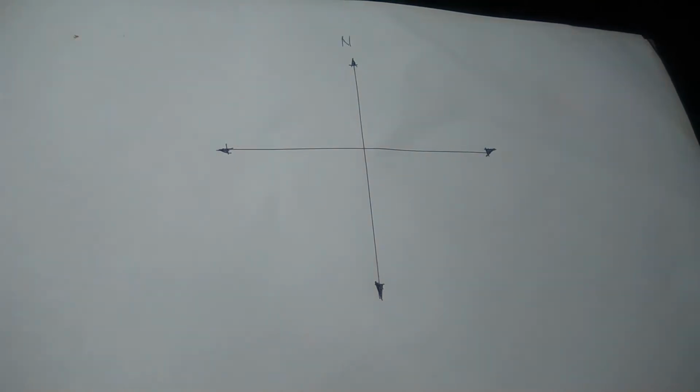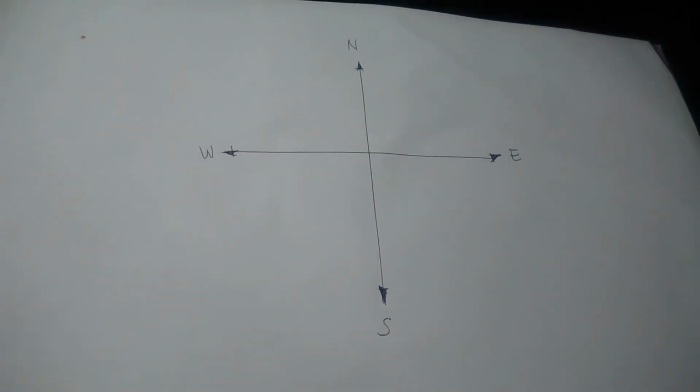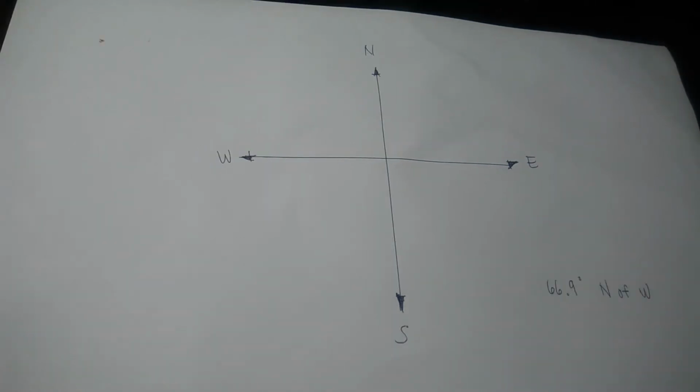To get the theta in the tabulation table, we must make a Cartesian plane, and this is the north, south, west, and east. The first given was 66.9 degrees north of west.